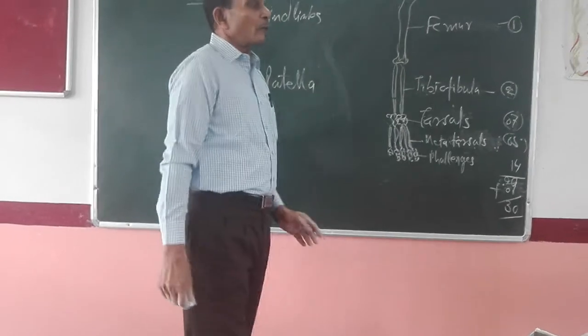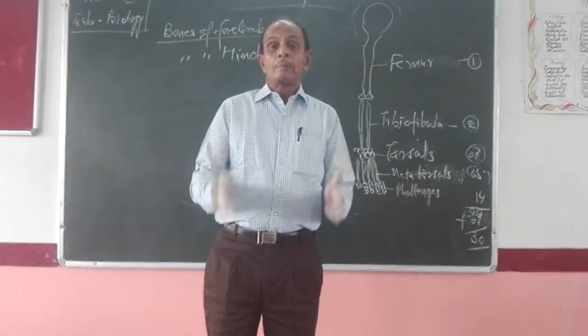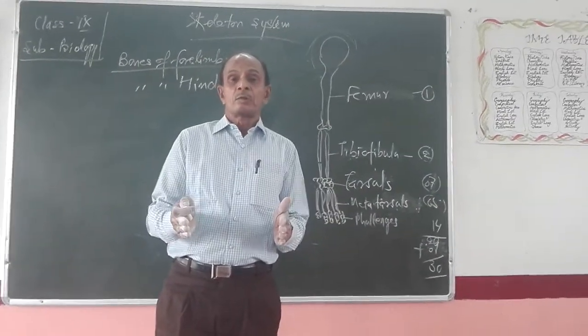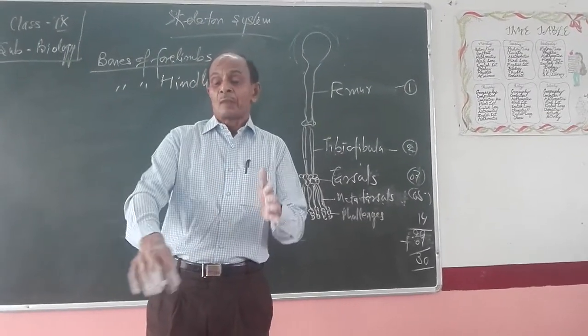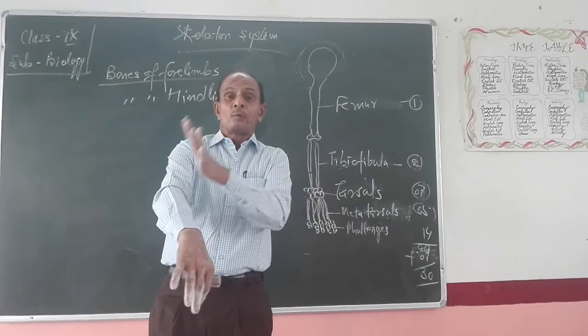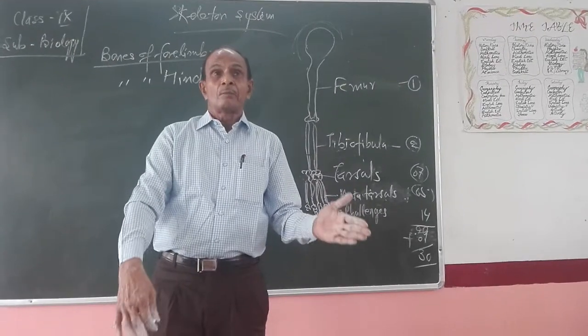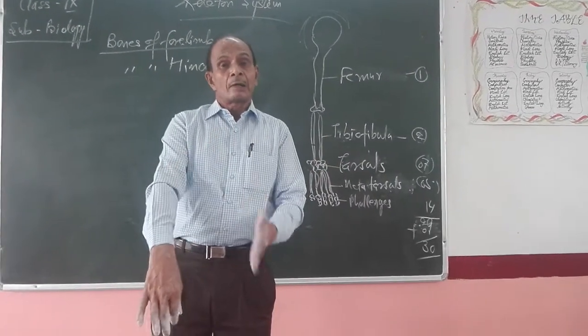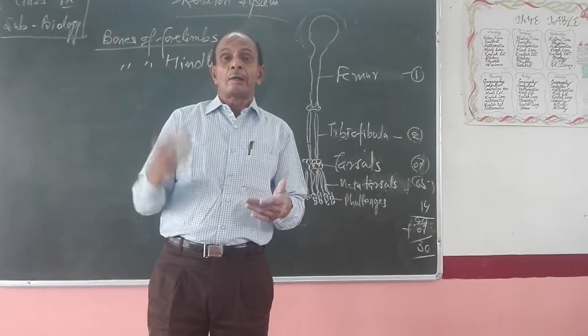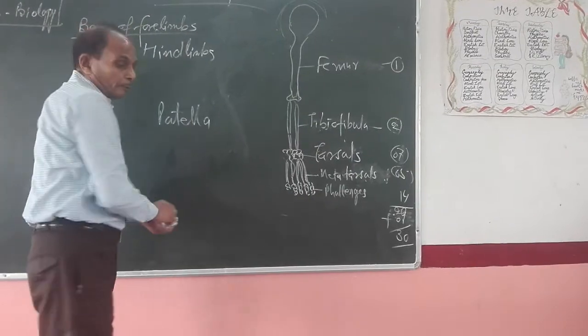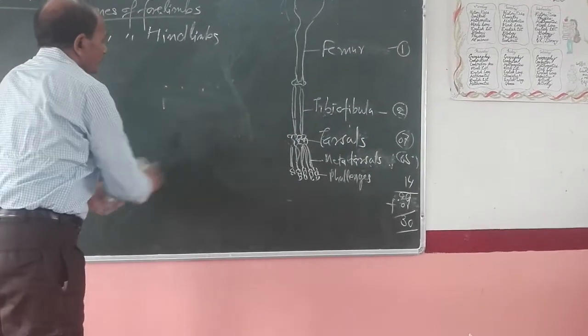This question is important for comparison. Name different types of bones along with their number, and compare the bones of forelimbs and hind limbs. How will you give the answer?